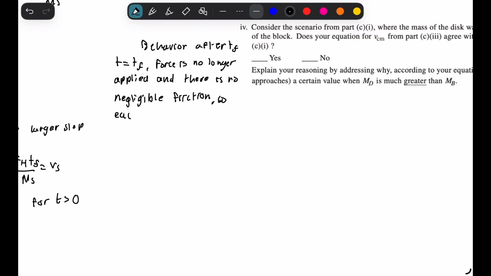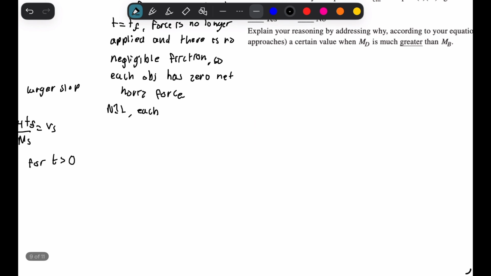So each object has 0 net horizontal force. Newton's first law: an object in motion stays in motion until something obstructs it, right? So each object is going to continue at a constant speed.